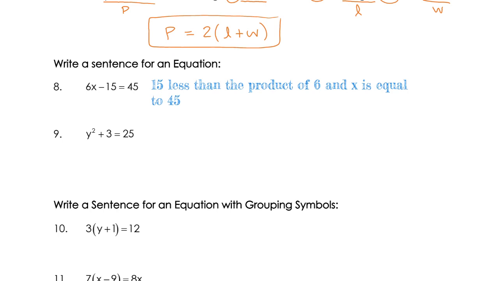There's all kinds of ways that you can say equal here. So I'm going to go ahead and put y squared plus 3 is as much as, we'll use a different phrase for equals here, is as much as 25. So there are your 2 answers for 8 and 9. Again, you are not limited to those 2. There are so many different ways that you could actually write these answers.